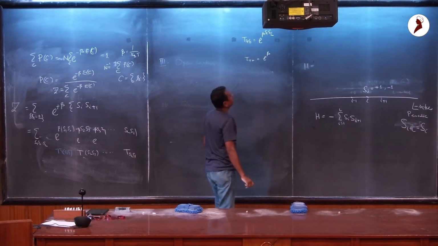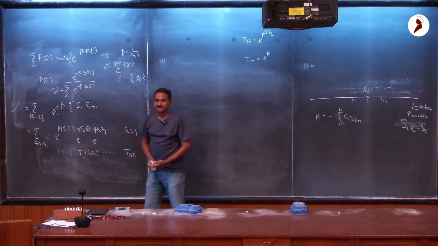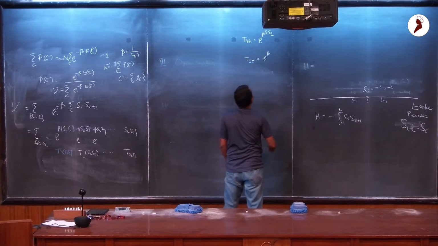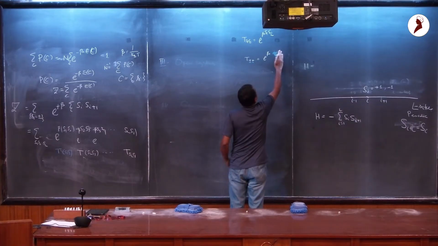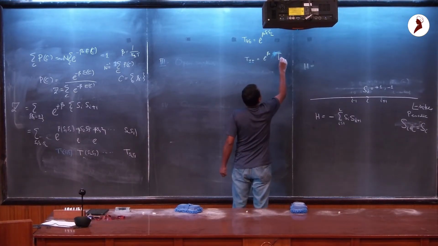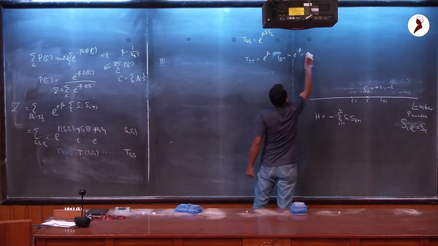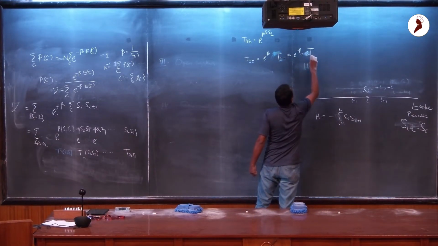So T plus plus is e to the power beta. Similarly, T minus minus is also e to the power beta, and T plus minus equals e to the power minus beta, which equals T minus plus.